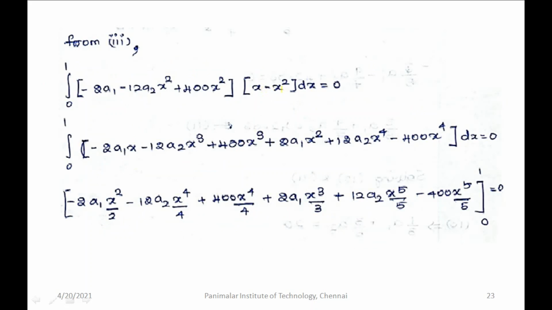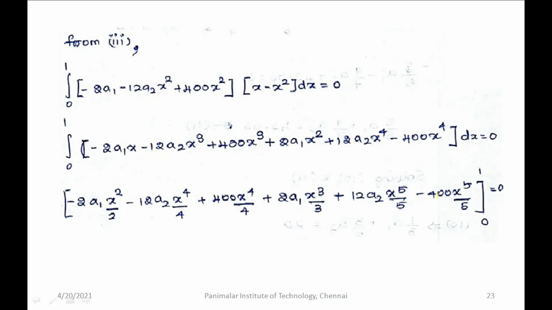So now taking the first one, integral r of x w1 of x equal to 0, x minus x square. So here x minus x square is multiplied inside this bracket, so total we will get this term. r of x has 3 terms, weight function has 2 terms, so totally you will have 6 terms here.